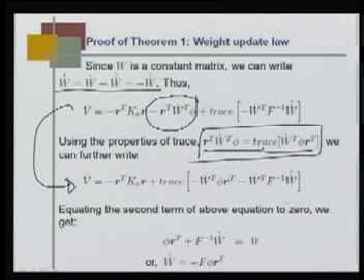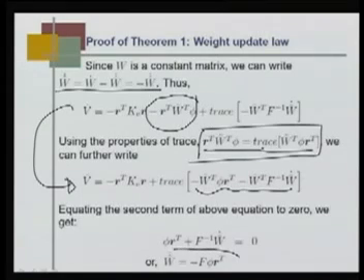Equating the second term of the above equation to 0, this is the one we want to eliminate. I can take out W tilde transpose as a common factor to the left side, then I get simply phi R transpose plus F inverse W hat dot is 0.